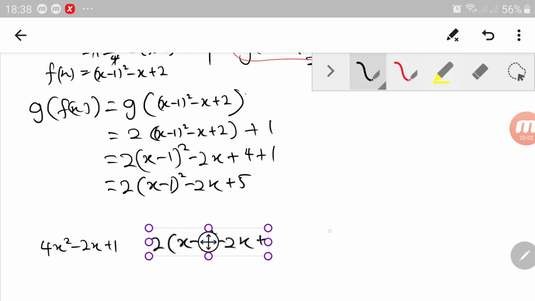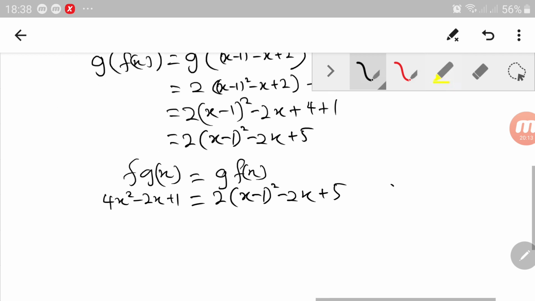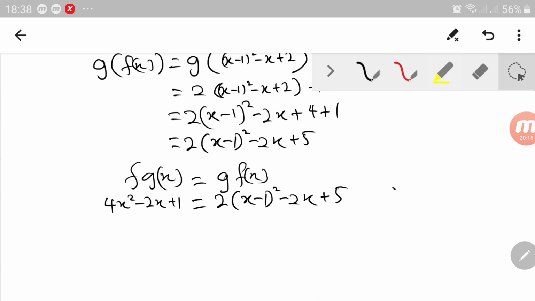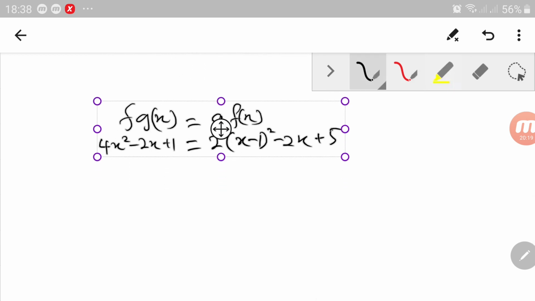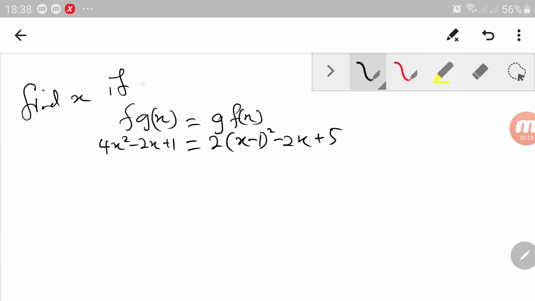I left the 5. Because it says, find x when fgx equals gfx. We move a bit further down. So find x if this is so. Now we do it.